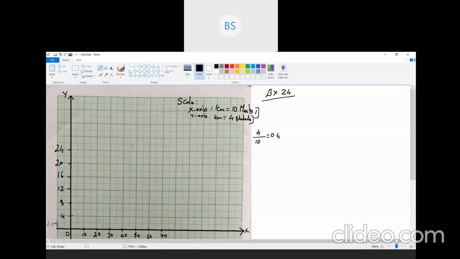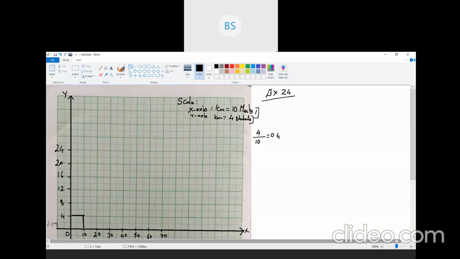Now here we will be marking the rectangles for each class interval. Marks obtained between 0 and 10 is 4. So you have to draw a rectangle between 0 and 10 up to 4.